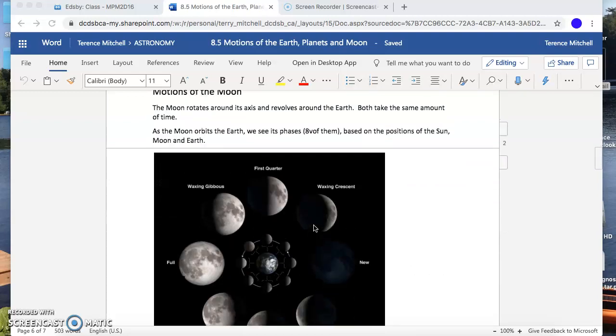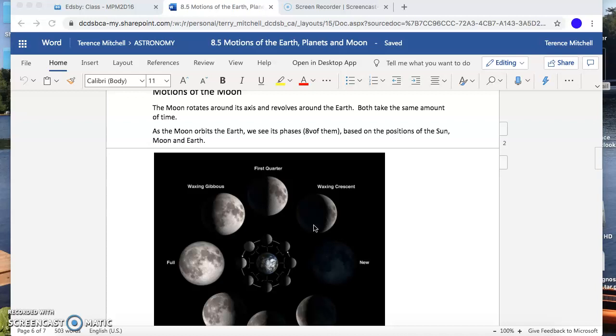Motions of the moon. The moon exhibits the same motions that the Earth does. It spins on its axis, and it also revolves around the Earth. Now, both take the same amount of time. The Earth spins once a day, every 24 hours. It takes about a month for the moon to do the same thing, one rotation in a month.